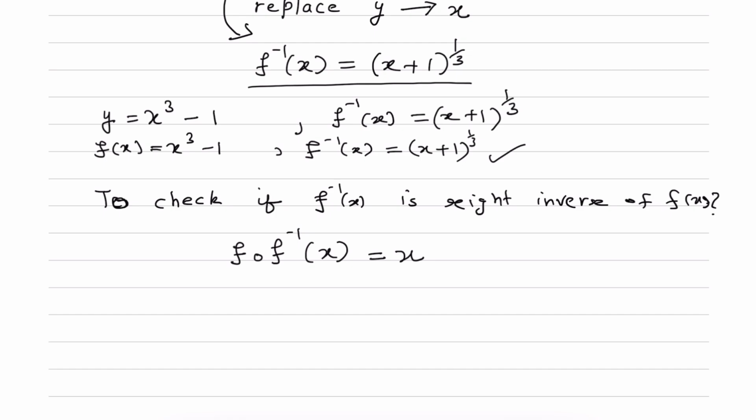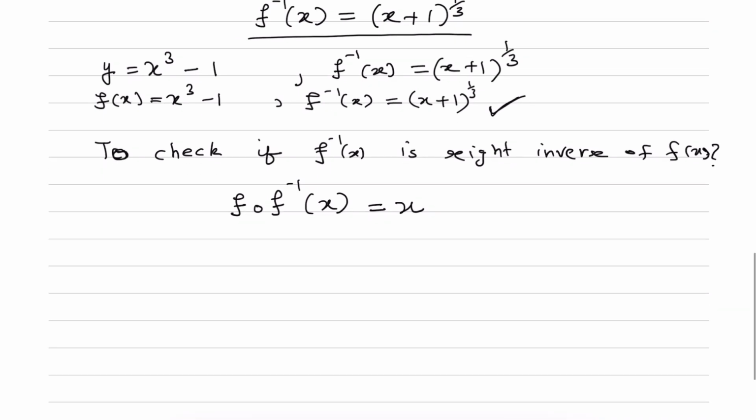So to check if f inverse x is the right inverse of f of x, we are going to compose f with f inverse x, and after composition, if we get only x, we will say that the f inverse x that we have found here is the right inverse function of the given function f of x equal to x cube minus 1.